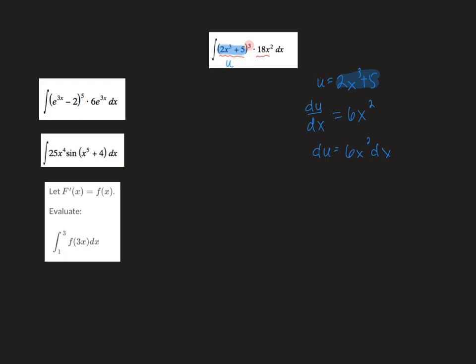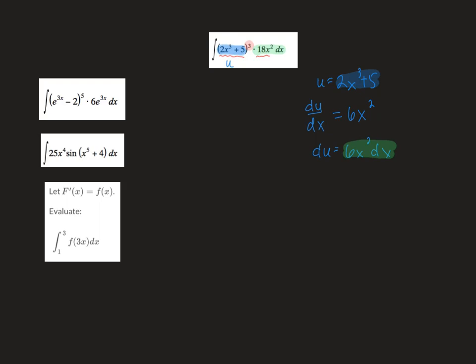And then the other part that needs replacing is this 18x squared dx. What I've got sitting here is 6x squared dx. So what I need to do is multiply by 3 in order to get an exact match between this and this.